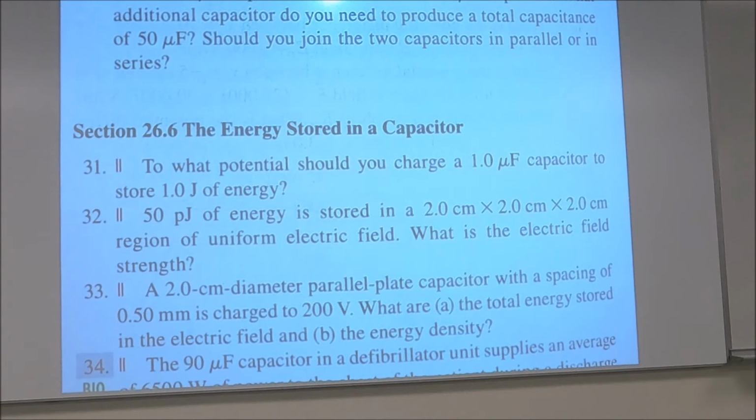Okay? It says, to what potential should you charge a 1 microfarad capacitor to store 1 joule of energy? So U is 1 joule, and the capacitance is 1 microfarad.